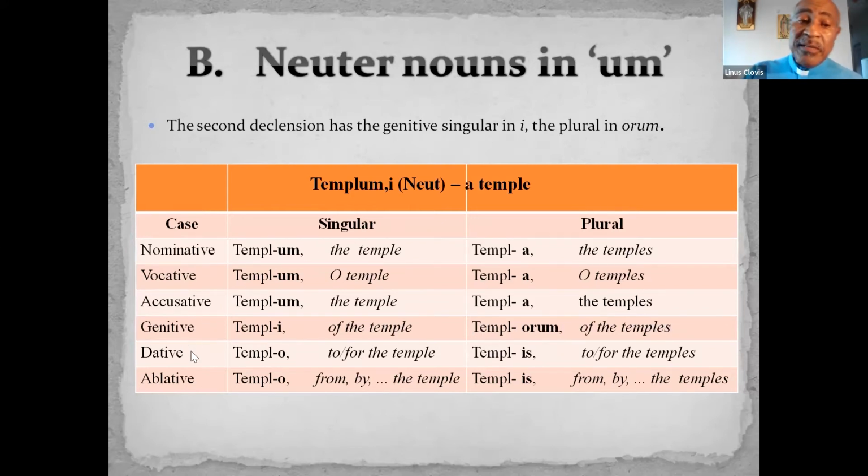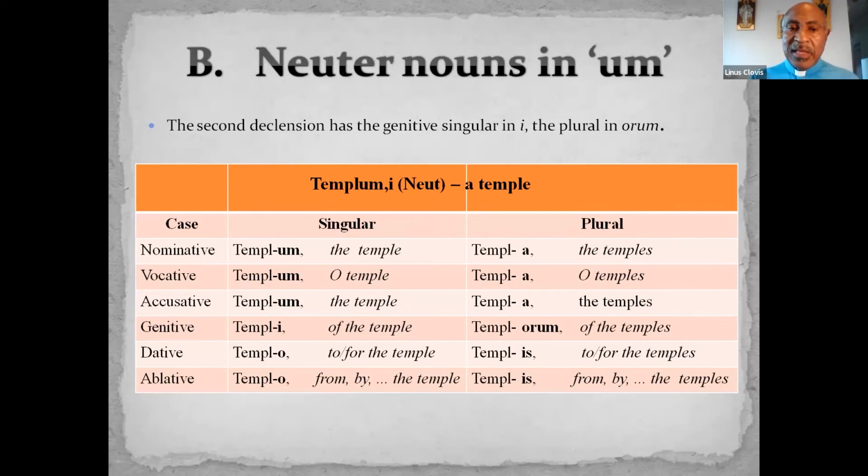The dative is templo, so the um becomes an o, and the ablative is the same, so they're the same. And templis for both the dative and the ablative plural.